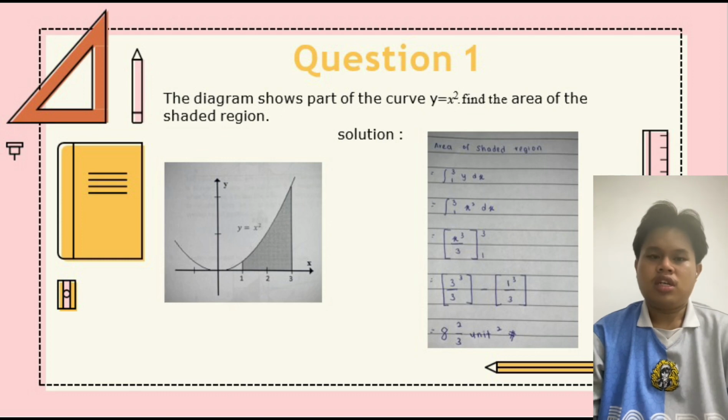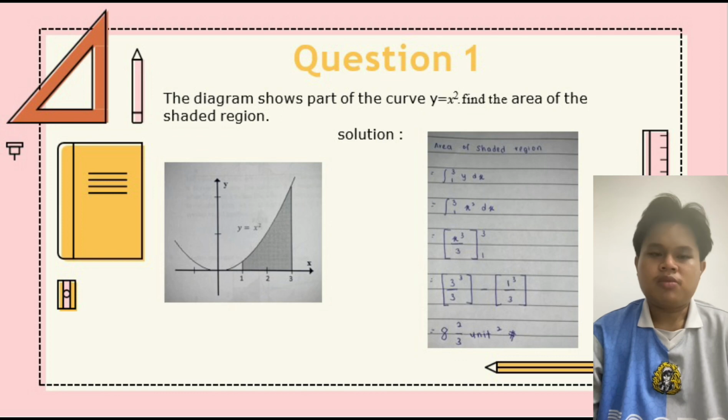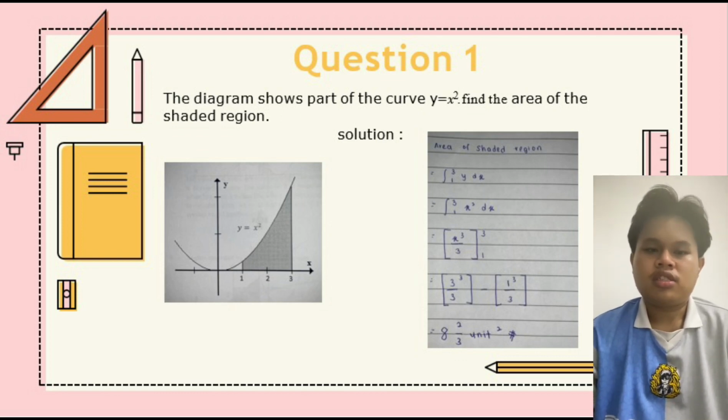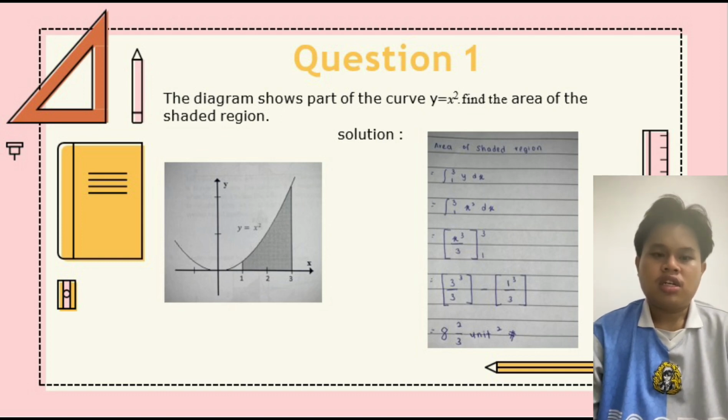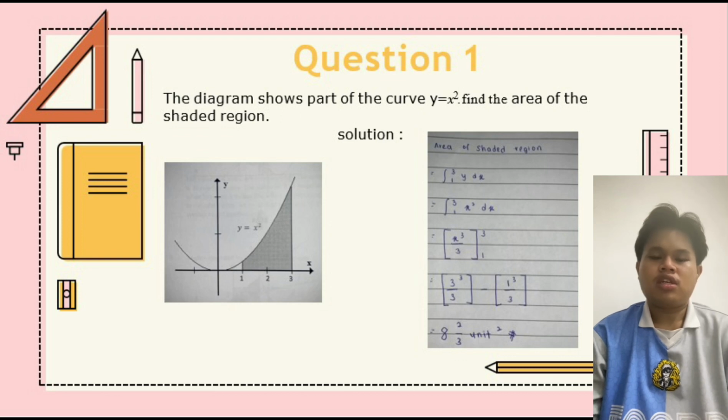The integral of y dx; we must search the y, and the maximum is 3 and the minimum is 1. y is x power of 2, and we integrate the x and get x power of 3 per 3, then 3 power of 3 per 3 minus 1 power of 3 per 3, and get 26 per 3 unit power of 2.